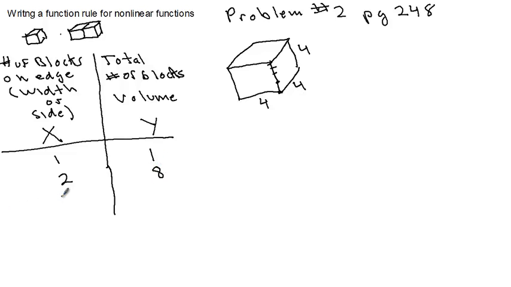And then there's 3 on the edge. 3 times 3 is 9, times 3 is 27. And basically by now, as many as they want to give us, we can pretty much predict what it is. 4 times 4 is 16, times 4 is 64. 5 times 5 is 25, times 5 is 125 total blocks or the volume of that shape.